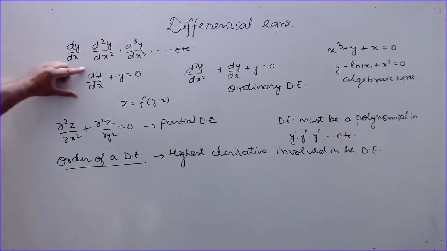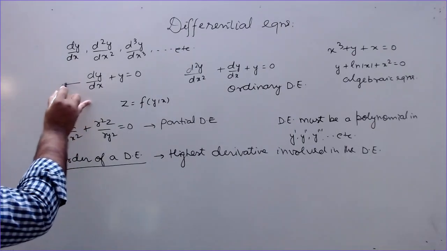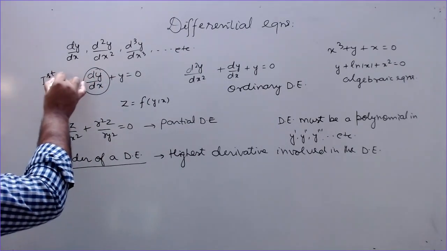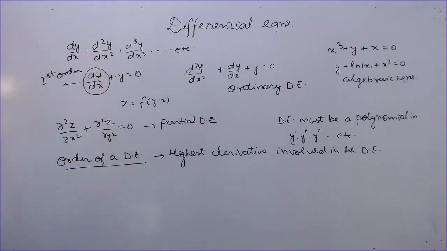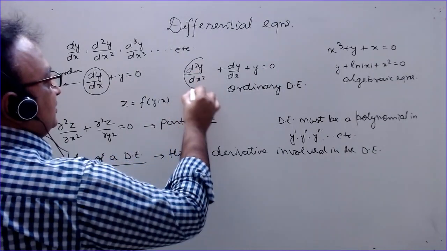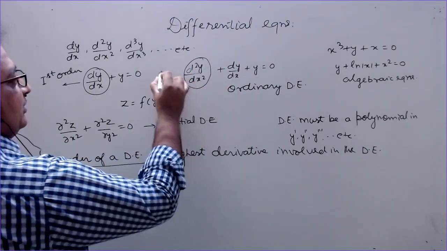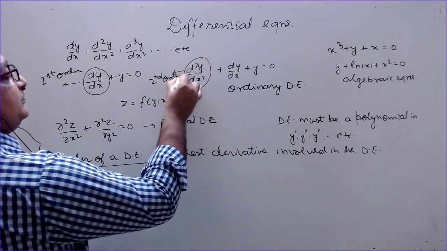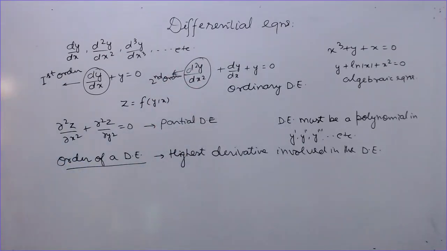Here you can see this involves only the first derivative, so first order differential equation. This involves highest derivative is second, so second order differential equation. This is how you can define the order.